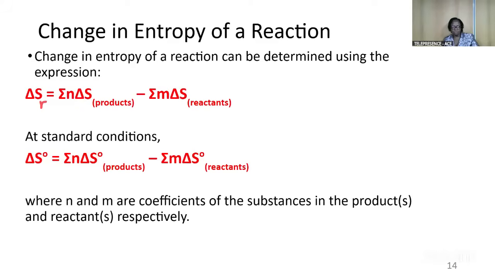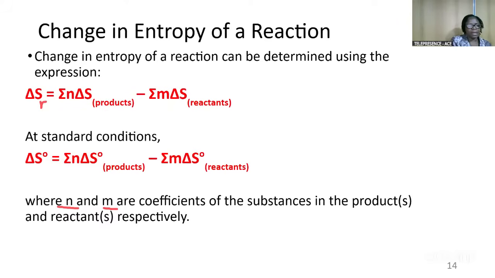And if the reaction is taking place under standard conditions, then you have to put the standard conditions for the entropies of the reactants and that of the products. So you must note that n and m here are coefficients of the substances in the products and reactants respectively.